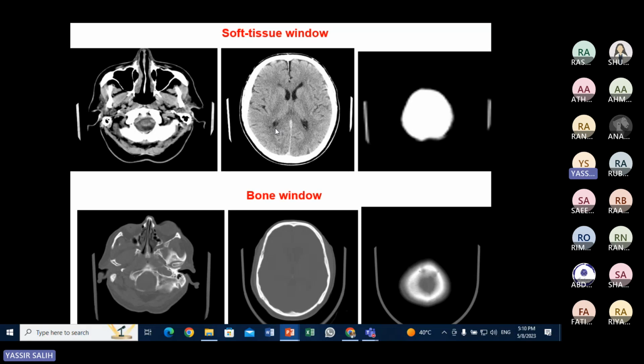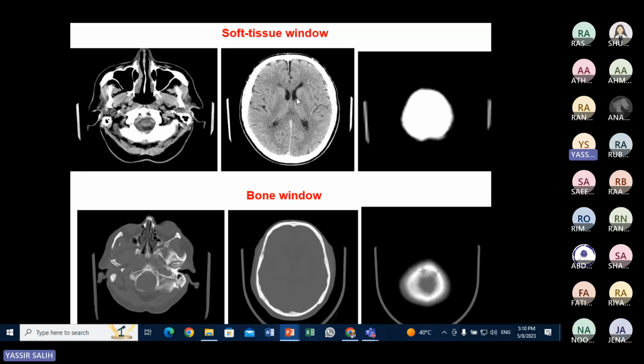Okay. The soft tissue window is done for head CT brain in most of the cases, but the bone window may be indicated in some cases. It's not routinely done, but it should be done in case of trauma or in case of suspected metastasis to the bone, for more assessment of the bone structure, the calvarial bone.